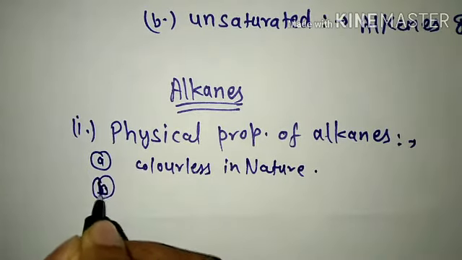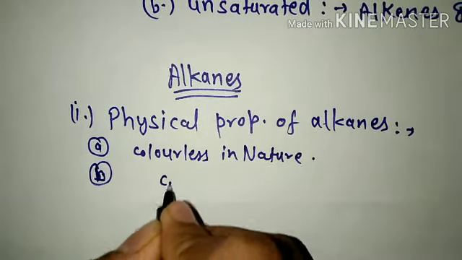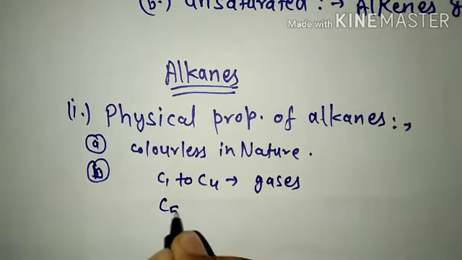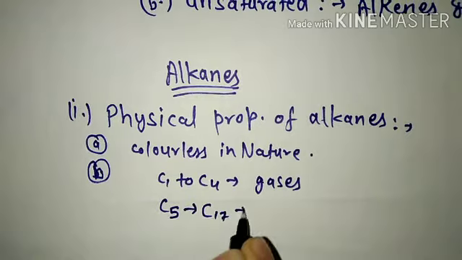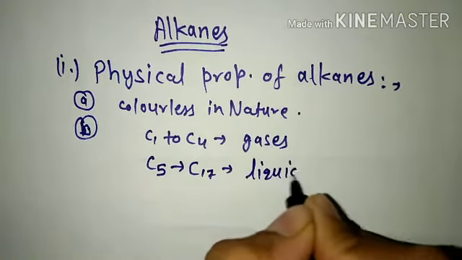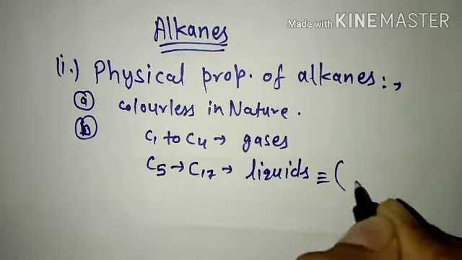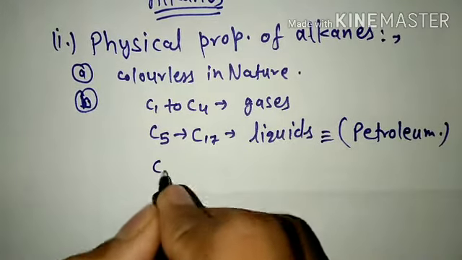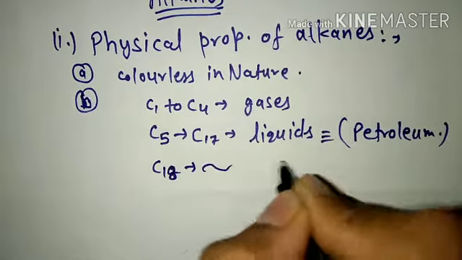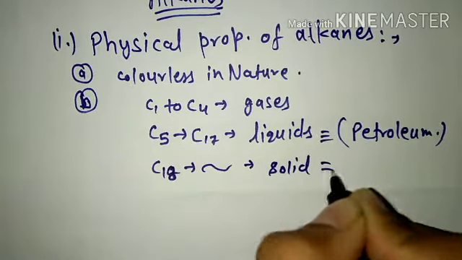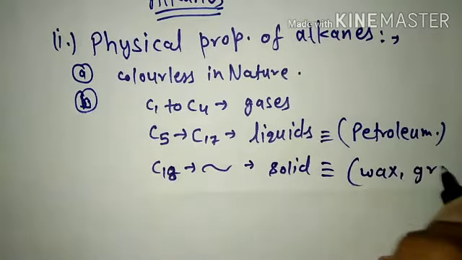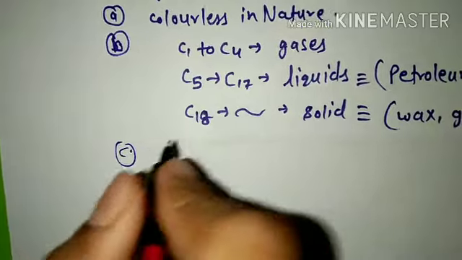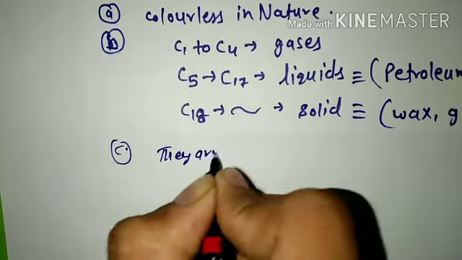The second important point about the alkane is the alkanes from C1 to C4 are gases, and C5 to C17 are liquids that contain petroleum, and from C18 to remaining are solid that contain wax, grease, etc. The third property of alkane is they are non-polar in nature.